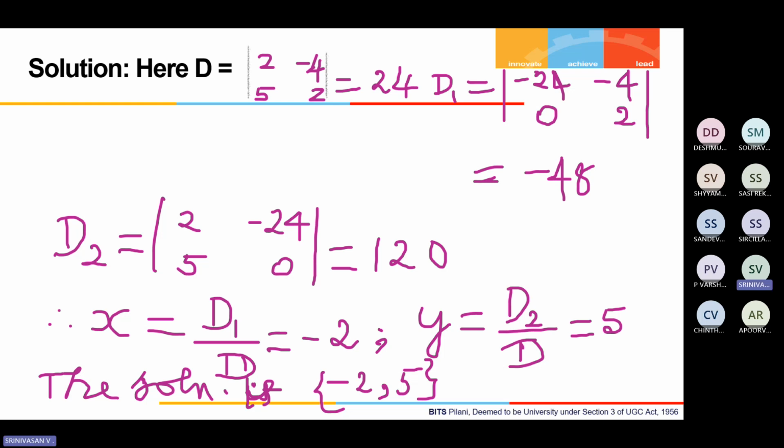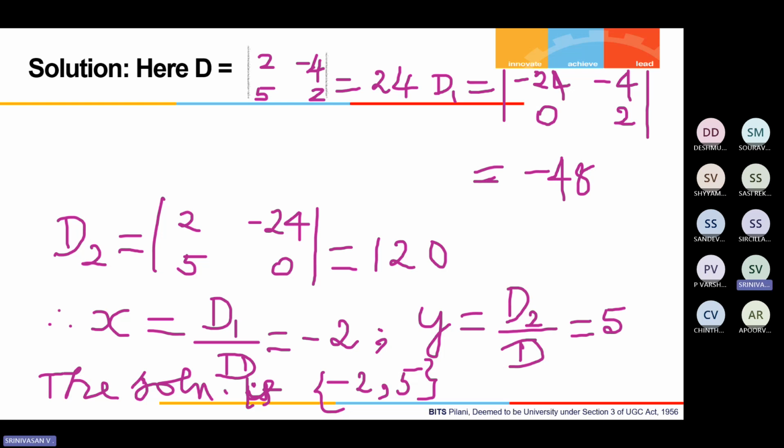Then D2 or Dy is obtained by replacing the second column, namely the column of coefficients of y, by the same constants.